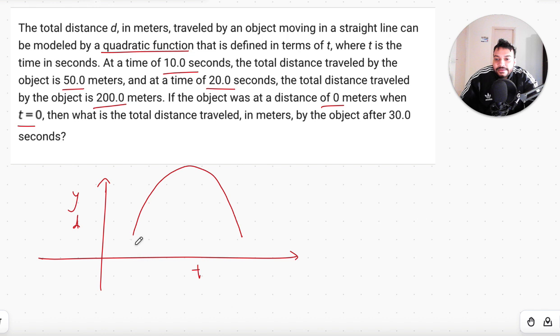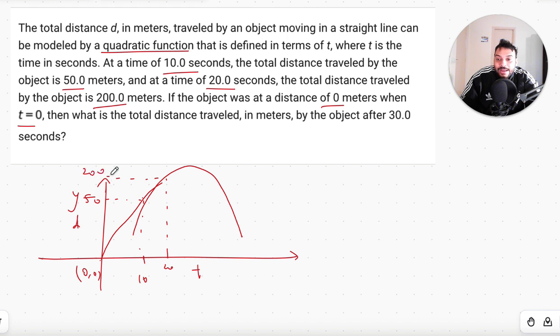Okay. So at 0, 0, it's starting from 0, 0. So starting from here. And at 10 seconds, the distance traveled is 50 meters. Corresponding to this, it's 50 meters. And then at a time of 20 seconds, the distance traveled is 200 meters. At 20 seconds, it's 200 meters.